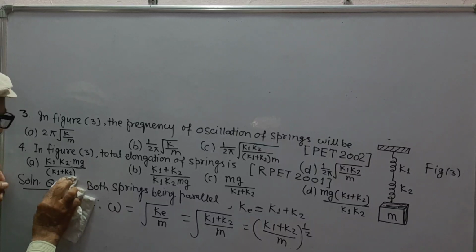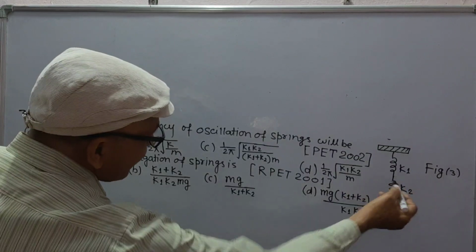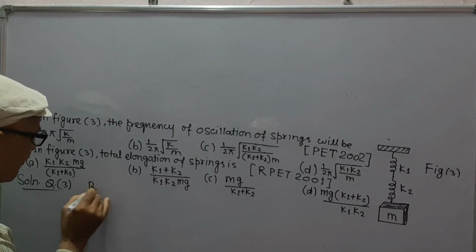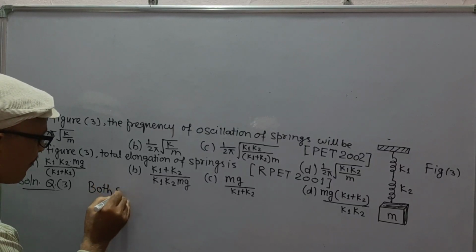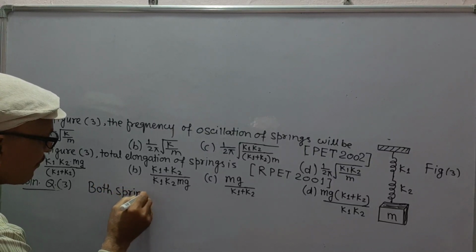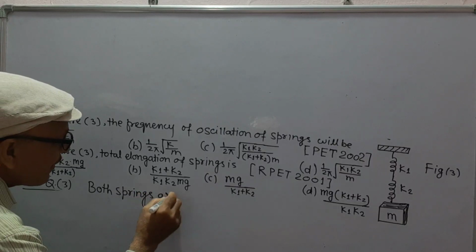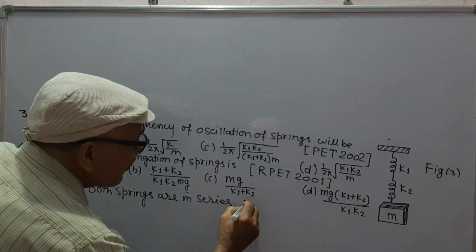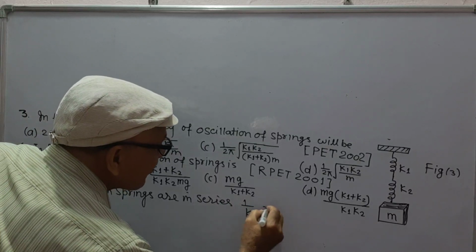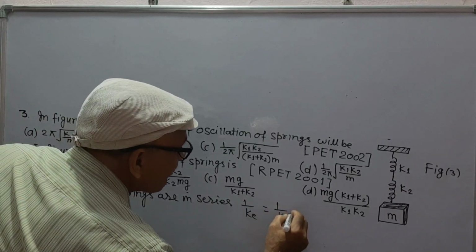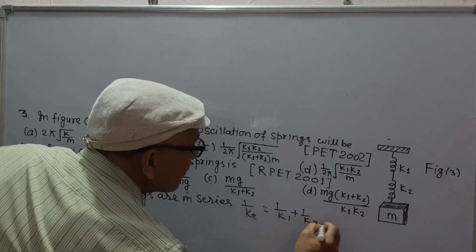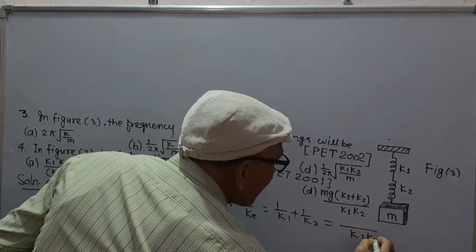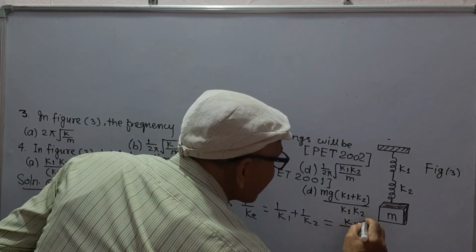Now, solution to question 3. In figure 3, both springs are in series, therefore 1 upon K effective will be equal to 1 upon K1 plus 1 upon K2, which may be written with LCM K1 K2 as K1 plus K2 upon K1 K2.